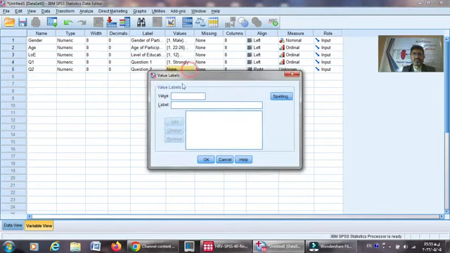Then again 1 for strongly agree, 2 agree, 3 neutral, 4 disagree, 5 strongly disagree.